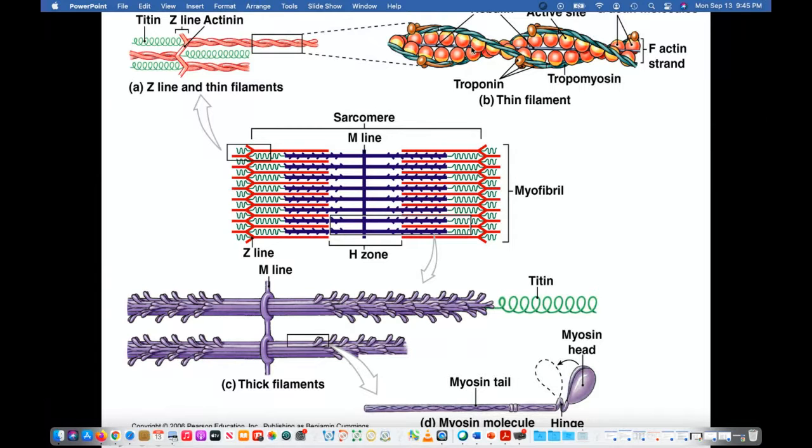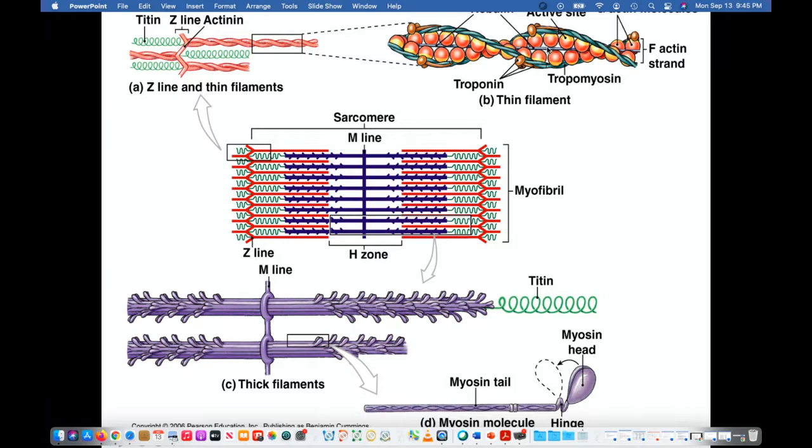Again, on the upper right, this is just showing once again each of these G molecules, these circles, has a binding site or an active site. In this case, they're yellow, but it's covered by the tropomyosin. And we see troponin holding the tropomyosin in place.